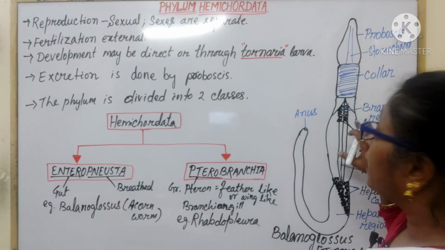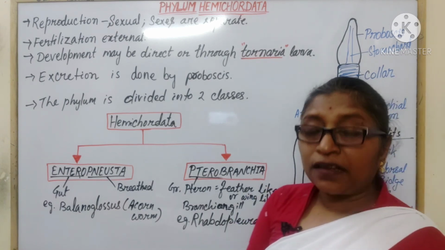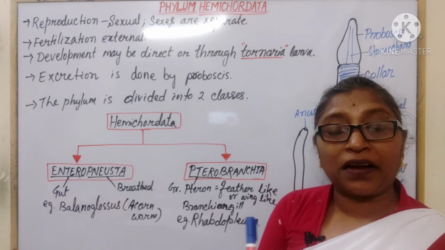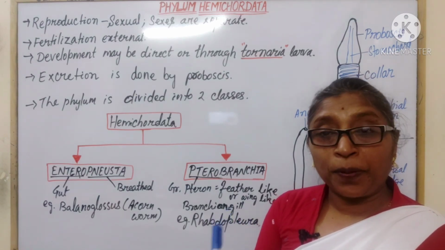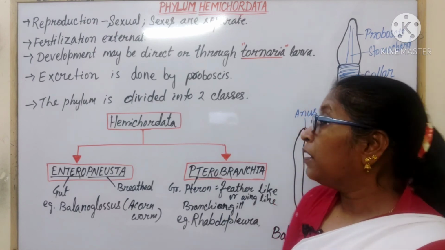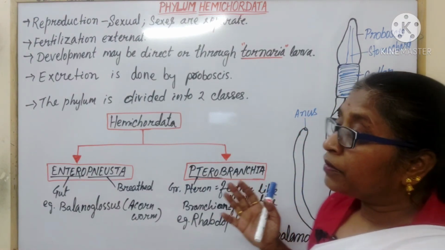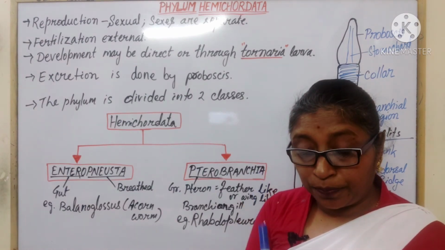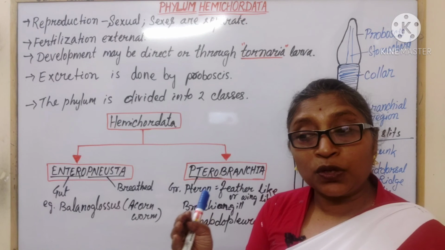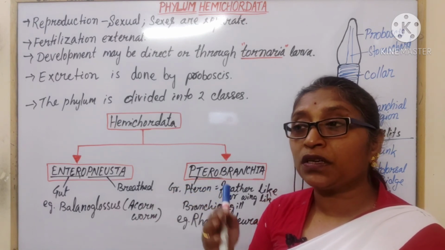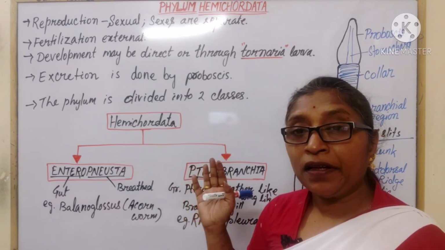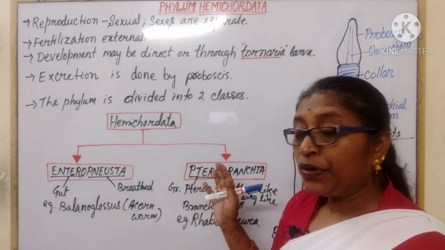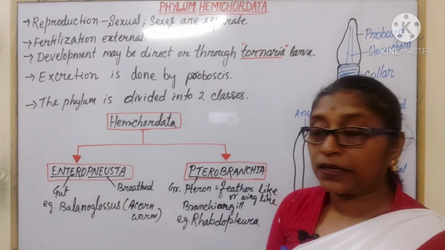So these animals are placed in a separate phylum called Hemichordata with a few chordata characteristics. They exhibit organ system level of organization and a tube within tube body plan. They are deuterostomes, unsegmented, bilaterally symmetric, triploblastic, and eucoelomates having enterocoelic coelom.